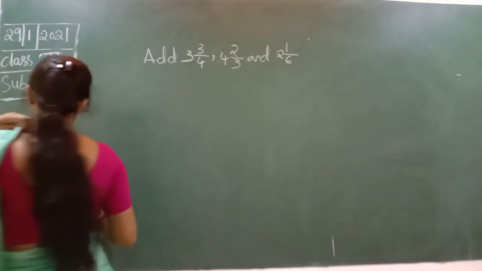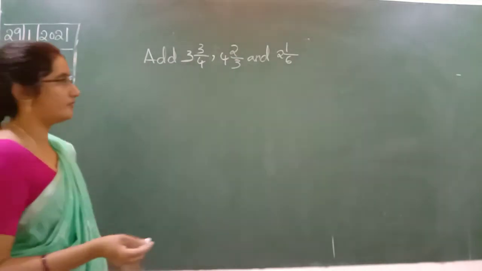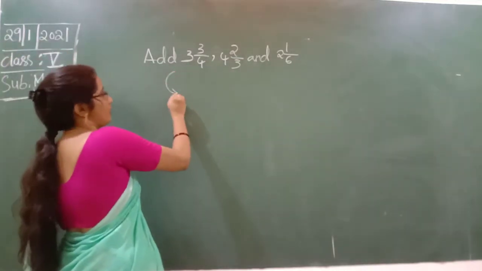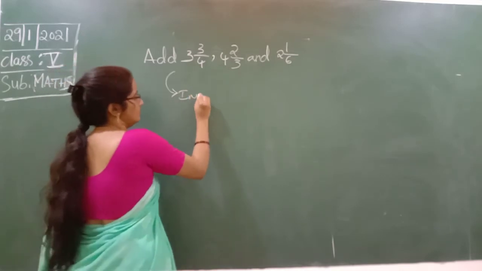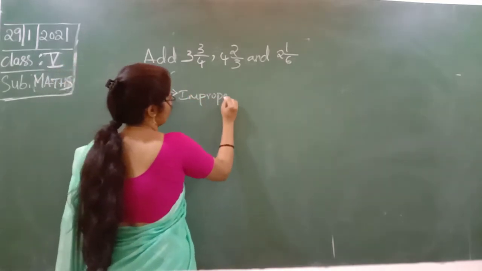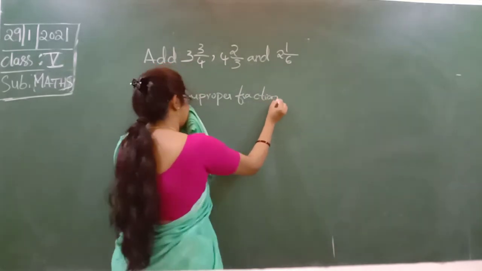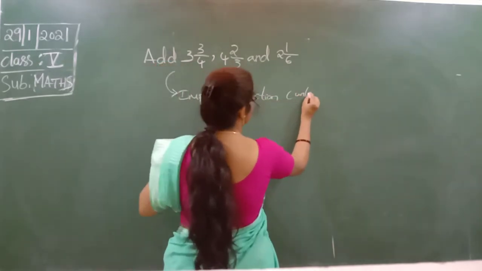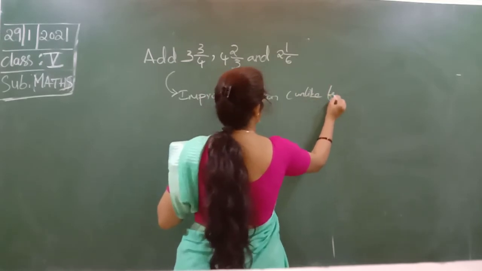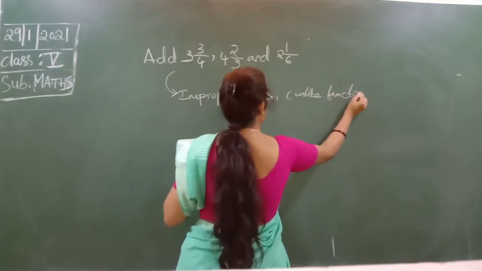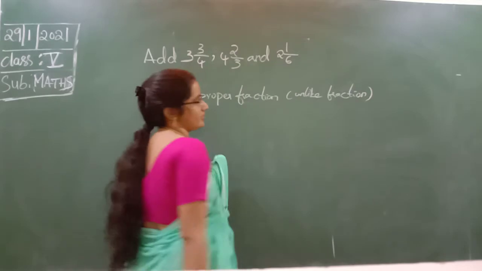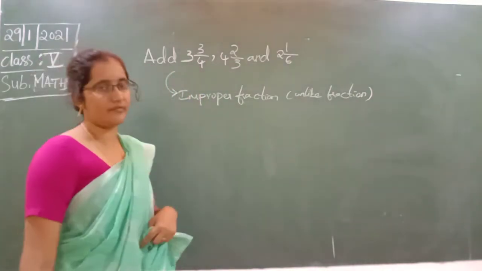Here they gave us mixed fractions. First we have to convert them into improper fractions. These improper fractions will be unlike fractions.